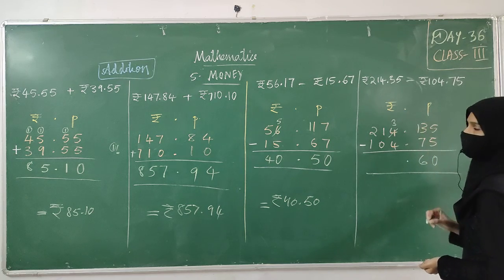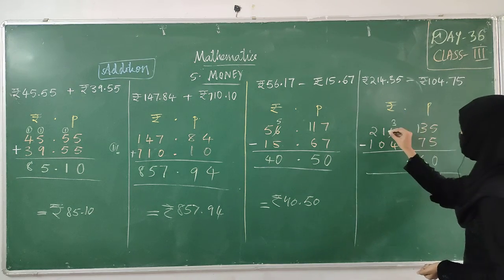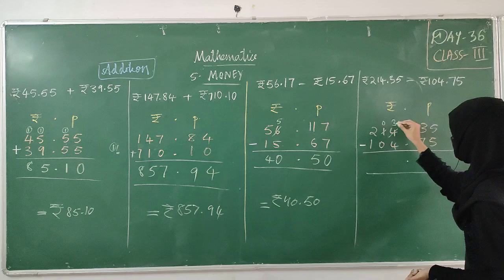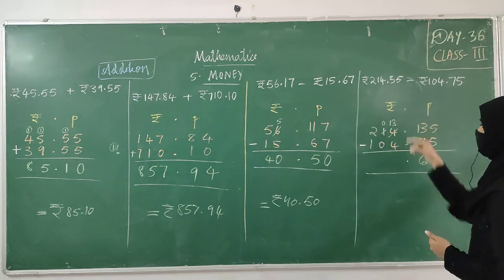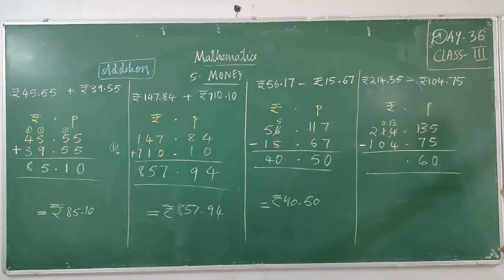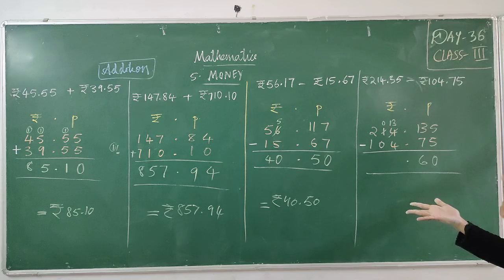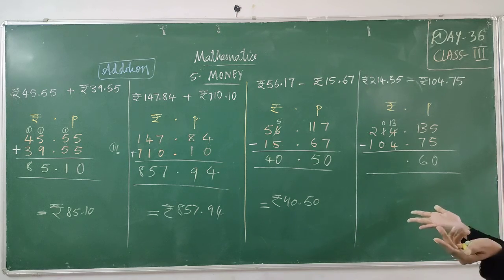Then 3 minus 4. Not possible. Again borrow. This 1 will become 0 and it will give 1 over here. Now this became 13. 13 minus 4. You can't take out 13 fingers, but at least you can count from 4. Okay? 5, 6, 7, 8, 9, 10, 11, 12, 13.